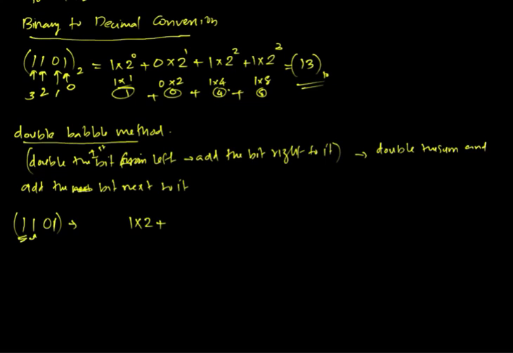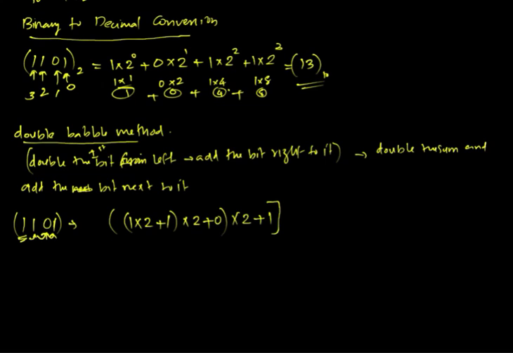Then double this sum, then add the number right to the next, that is 0, then again double the sum, then add the number right to it, that is plus 1.